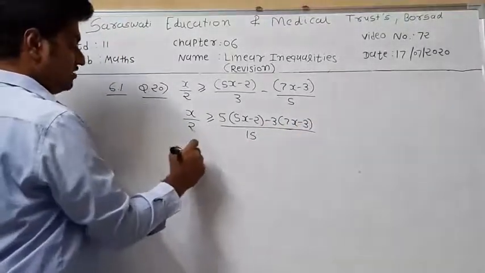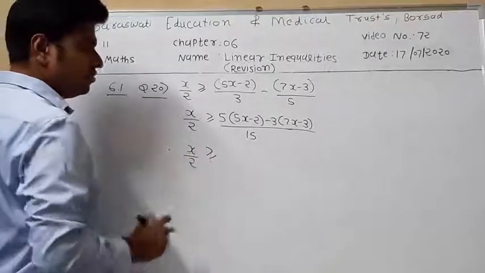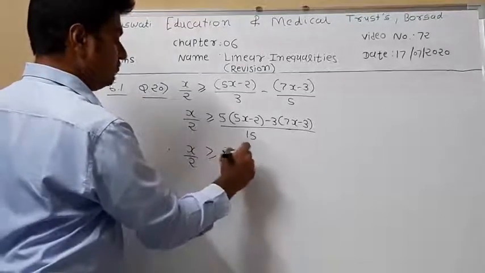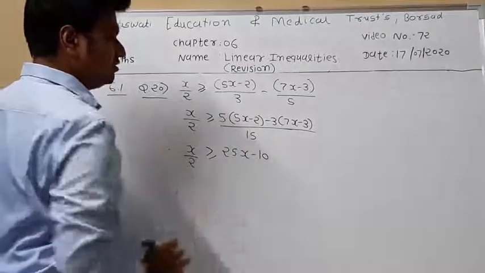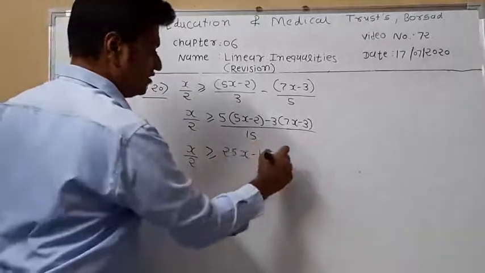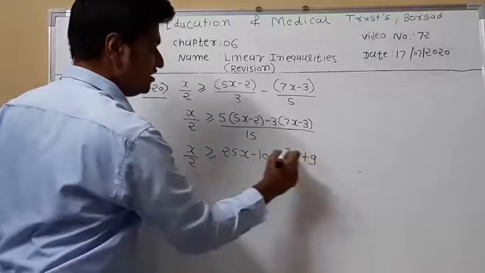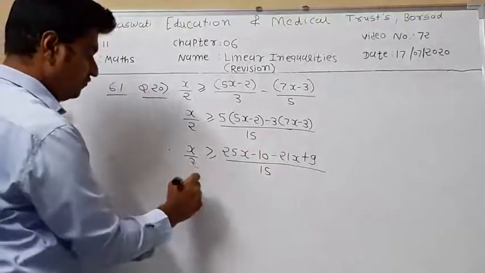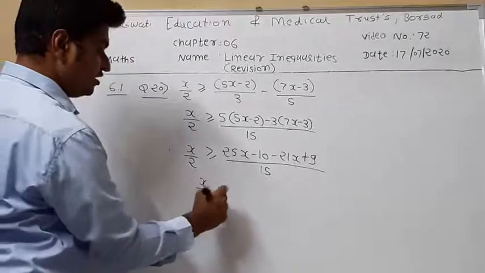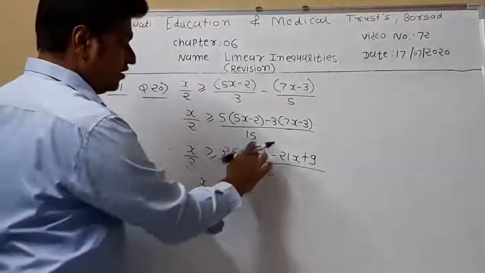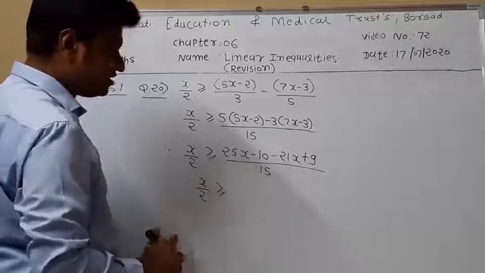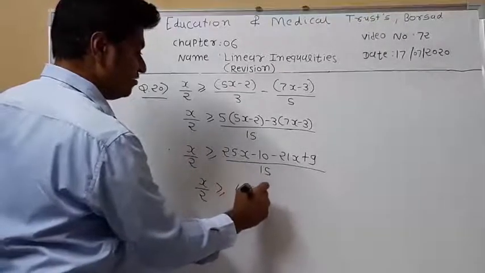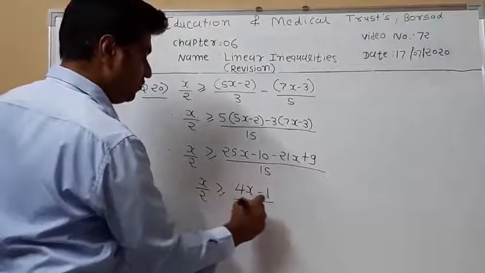Therefore x by 2 greater than or equal to, now opening the brackets, 5 into 5 that means 25x minus 5 times 2 is 10, minus 7 times 3 is 21x plus 3 times 3 is 9, upon 15. So therefore x by 2 greater than or equal to 25x minus 21x, that means 4x minus 1 upon 15.